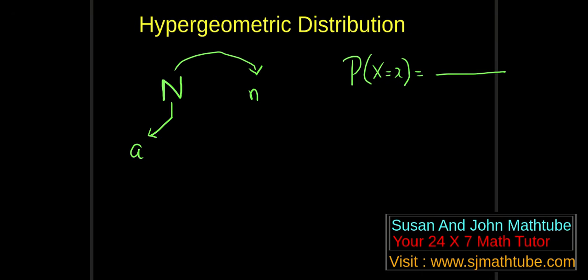Just draw this diagram and you can mark the other part. Look at this. If A are special, then capital N minus A are not that special. And if you want X special items, that implies n minus x will not be that special. And with this, we can write the probability very easily. That is ACx multiplied by N minus A C n minus x.